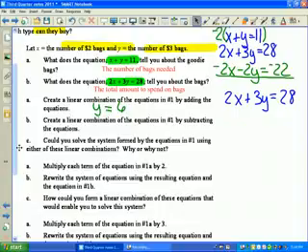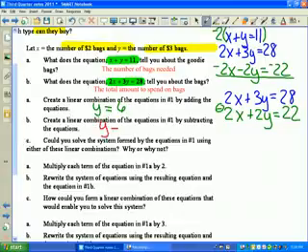So when I multiply that x plus y equals 11 by a positive 2, I'm going to get 2x plus 2y equals 22. And we're going to solve this one by subtracting. So when I do it by subtraction, I'll have 1y equals 6.